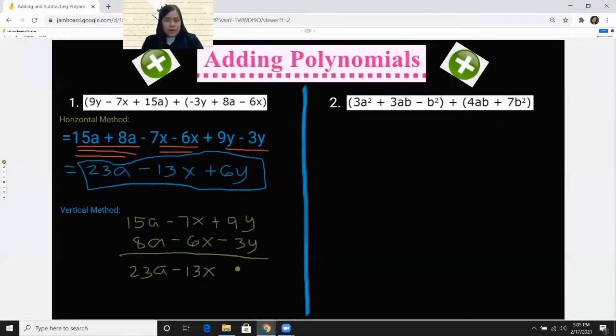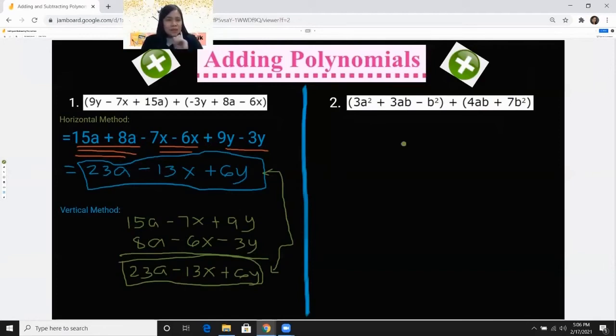And then 9Y minus 3Y will have positive 6Y. See, we just arrived at the same answer, whether horizontally or vertically. So it's up to you which method you are going to use, or which is easier on your part, it doesn't matter.